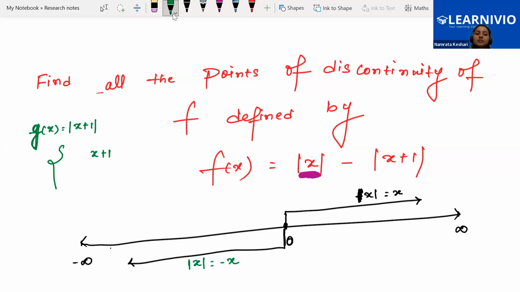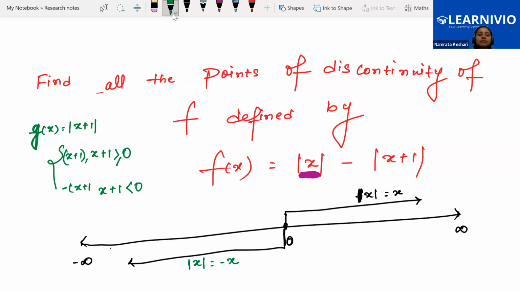If x plus 1 is bigger than or equal to 0, then it will generate the result as it is, yes or no? Yes. And if it is smaller than 0, then it will give one more minus sign, right?